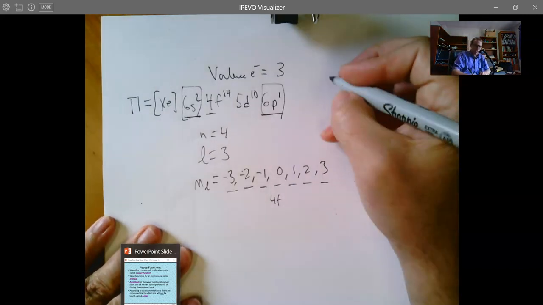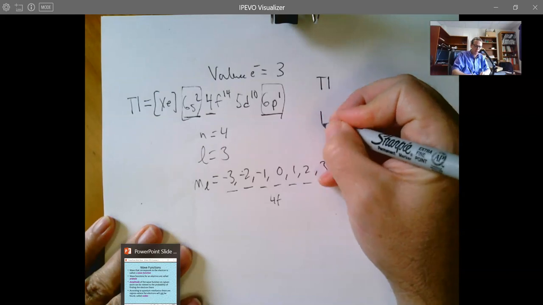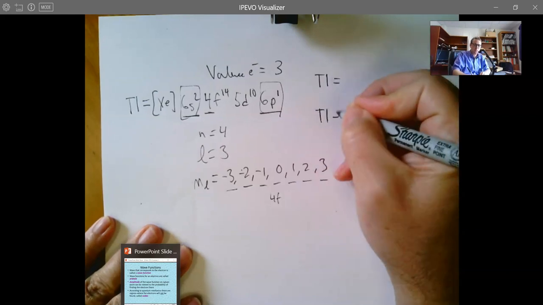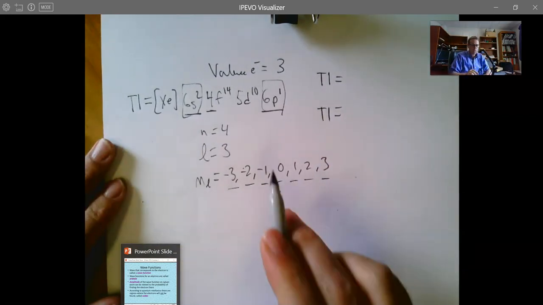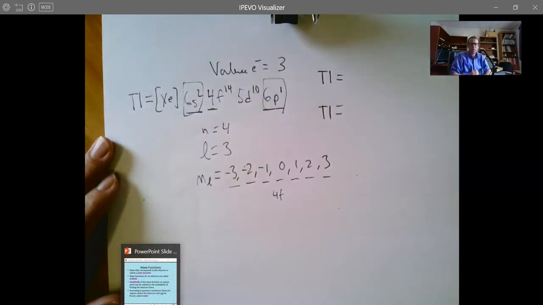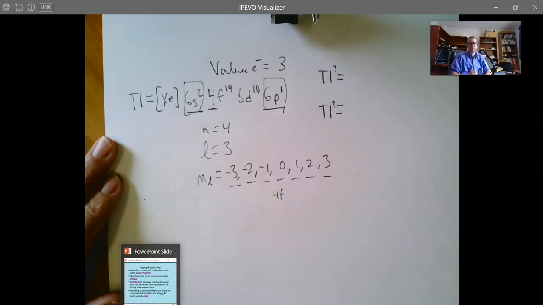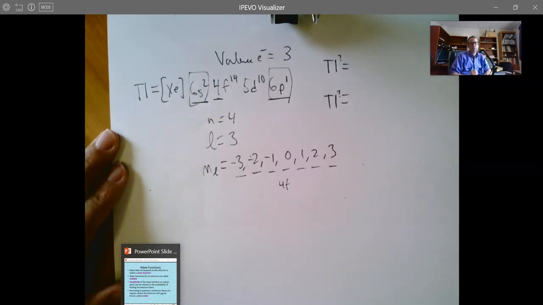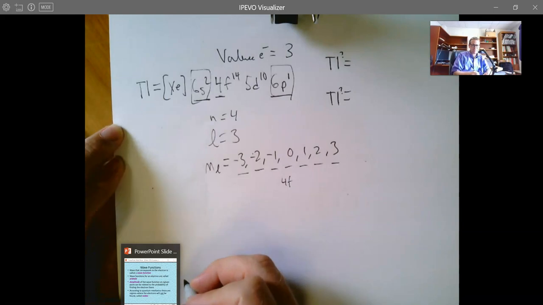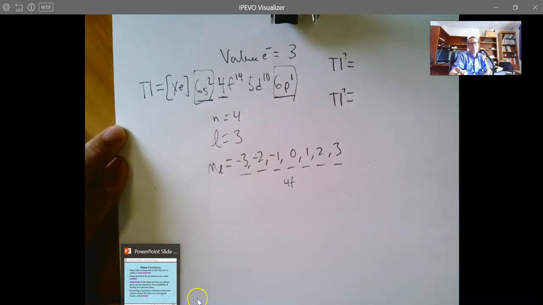All right, and then if we wanted to make some predictions, and again, these aren't always right, but these are the tools we use to make predictions about the kinds of ions thallium would form. What we would do is think about our orbital diagram.